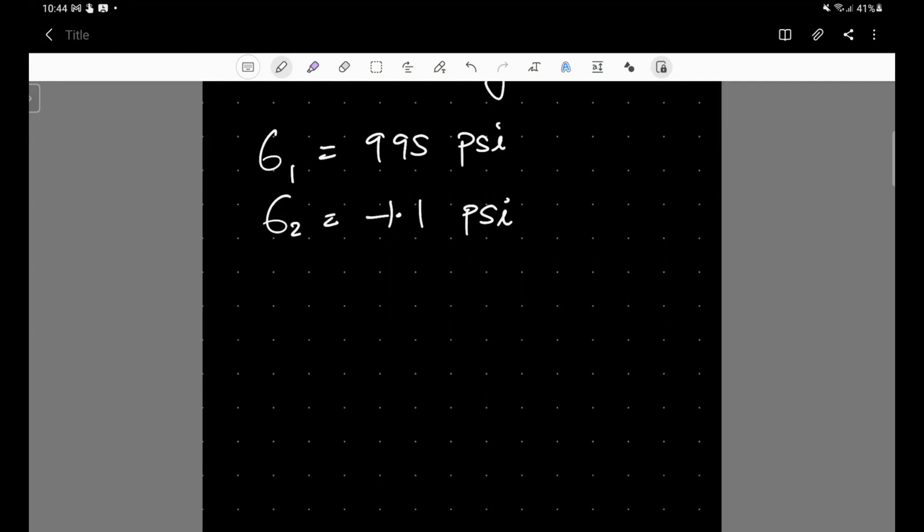So we will be using the stress values which we calculated, the normal stress values in the X direction and Y direction, as well as the shear stresses in the XY plane, to get an idea about the material behavior, or whether the system would fail or not.